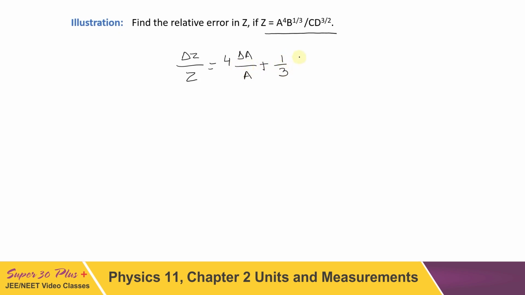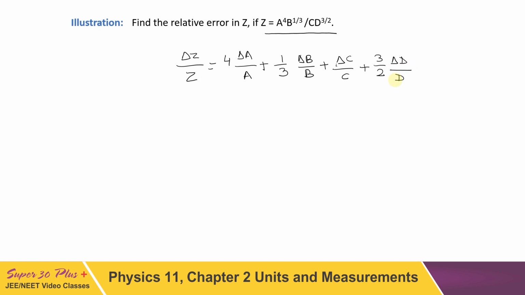So 1 by 3 times delta b upon b. This c d to the power 3 by 2 is in the denominator, but still we have to write plus here, because while calculating error, minus sign is not written at all. Delta c by c plus 3 by 2 times delta d by d.